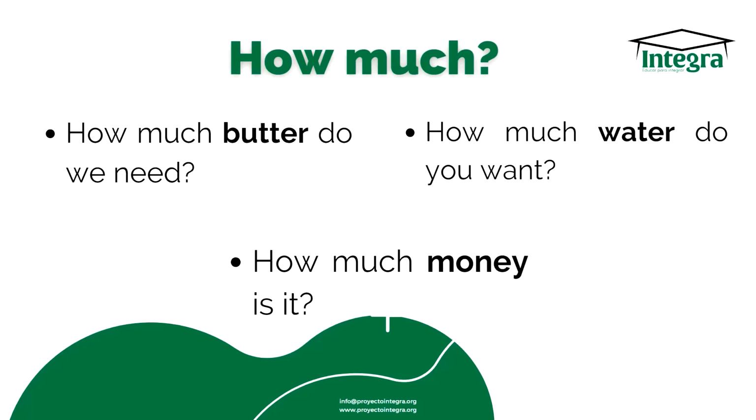How much butter do you need? How much water do you want? How much money is it? See that with how much, I'm using butter, water, money. This is because we use how much to talk about uncountable nouns.